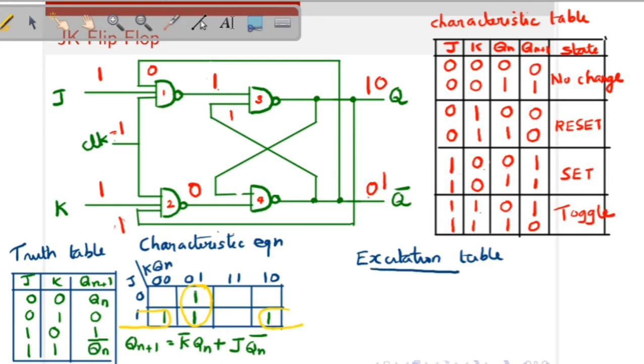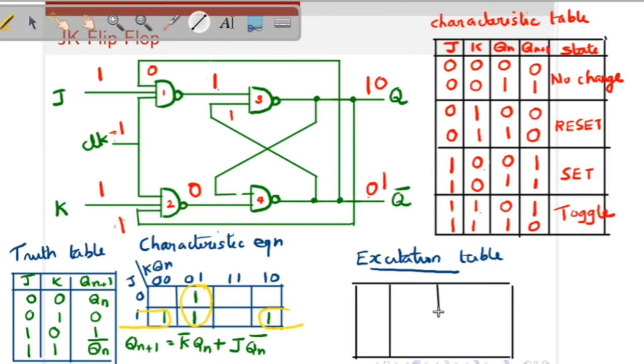This excitation table has 4 columns. Qn and Qn plus 1 are the inputs, then the outputs are J and K. When Qn is 0 and Qn plus 1 is 0, there are two entries.